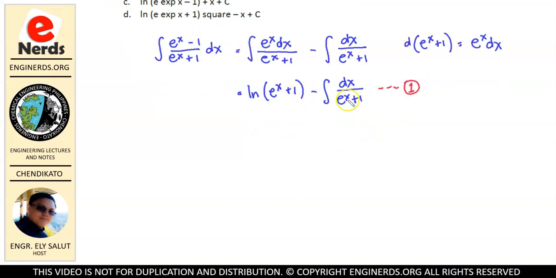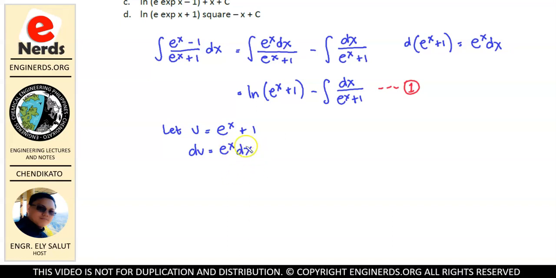In order to solve this, we need to use substitution. Let us let a variable u be equal to our denominator e to the x plus 1. If you're going to take the derivative of this, we will have du equal to e to the x dx.